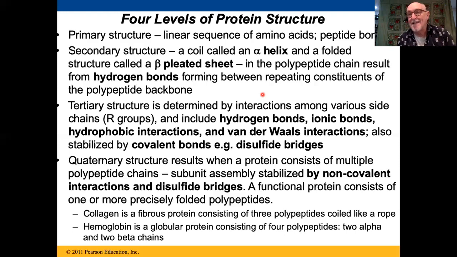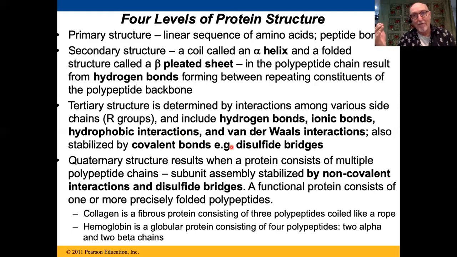And that is called a disulfide bridge. Very important because it's such a strong bond. It's a covalent bond. All of these other bonds here are very important in establishing tertiary structure, but they are relatively weak. They may be very frequent, so they can add up to a lot. But the disulfide bridges are extremely strong and make a permanent bond, if you want to think about it that way.